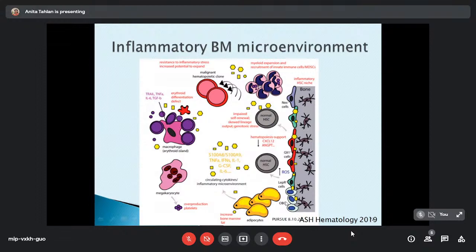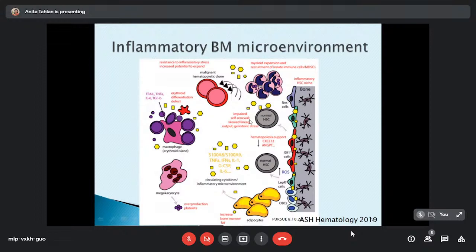In addition, they also affect all these cells which are LEPR positive, nestin positive cells. All these cells get affected, and the hematopoietic support gets decreased, and these lead to myeloid expansion and recruitment of innate immune cells.